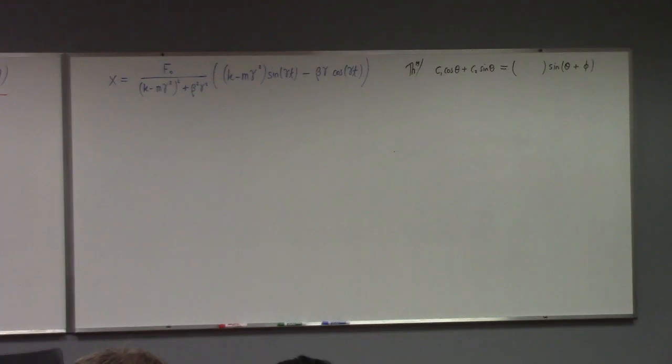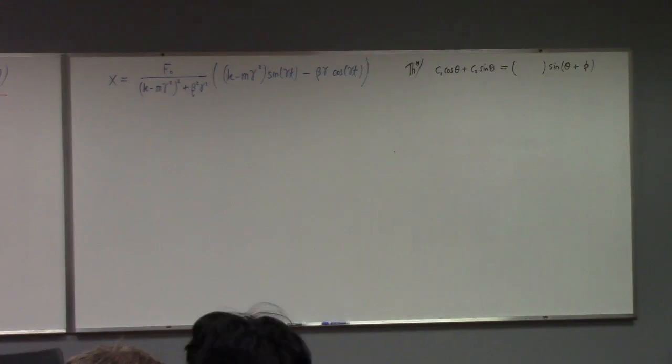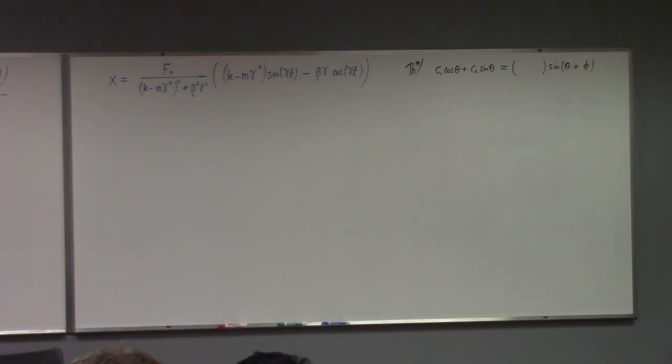What if sine and cosine were like perpendicular unit vectors? So you got C1 in the cosine direction, C2 in the sine direction.